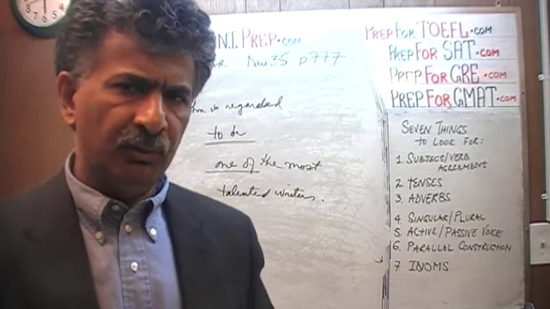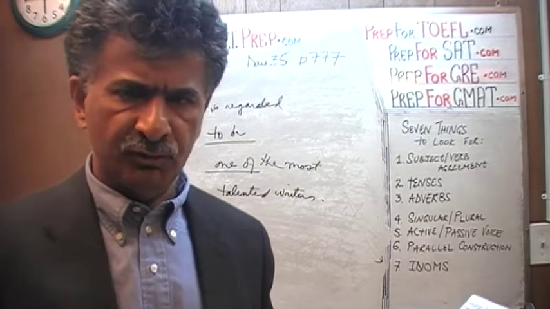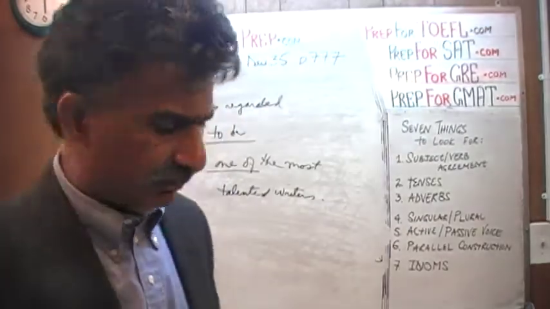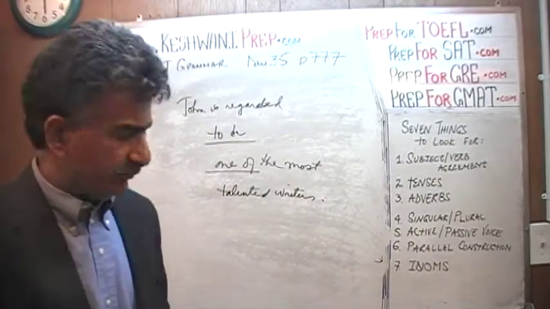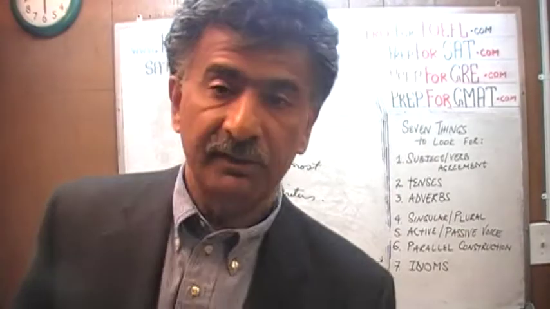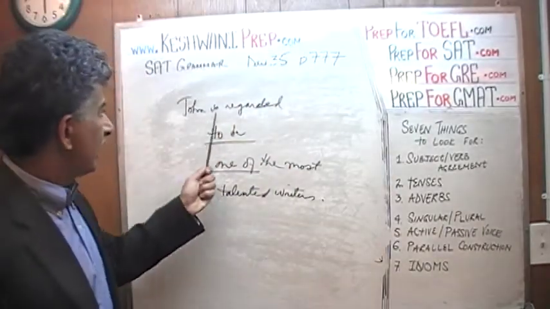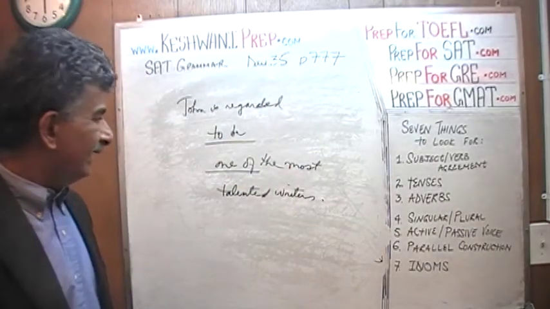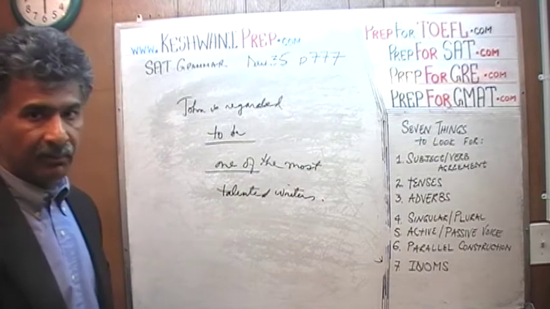All of that is just mumbo jumbo. We're not interested in that part. That's not the juicy bits. Let's just ignore it. That's the boring bits. Let's pretend that for as far as we are concerned, the sentence that we're dealing with is the one that you see on the blackboard. John is regarded to be one of the most talented writer.